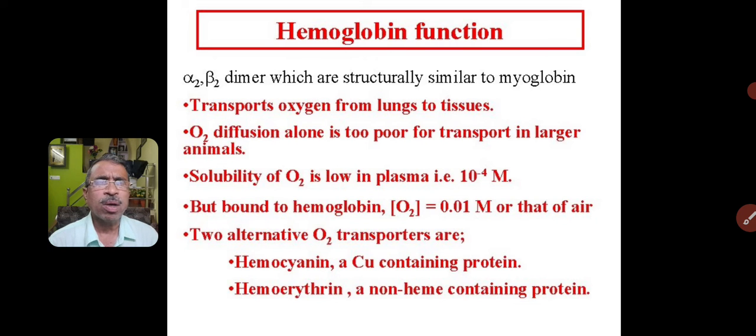But bound to hemoglobin, its concentration becomes just 0.01 molar, or that of air. Two alternative oxygen transporters are hemocyanin, a copper-containing protein, and hemerythrin, a non-heme-containing protein.